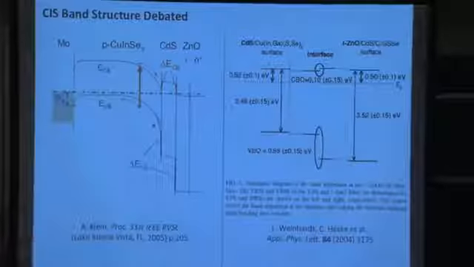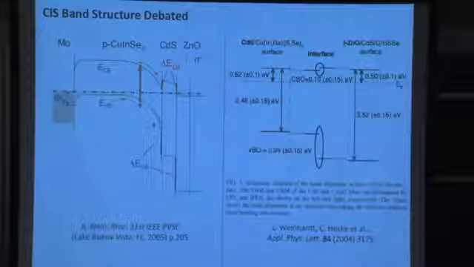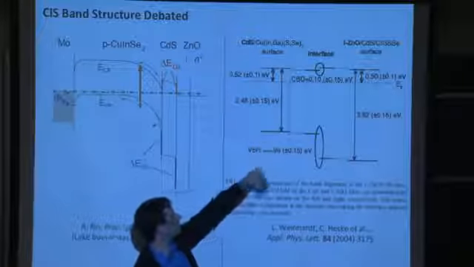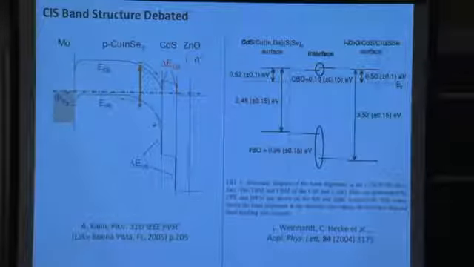Interfaces are critical. Here are some examples of attempts at mapping out, and quite successful attempts at mapping out, shall we say, the band diagram of a SIGS-based solar cell.